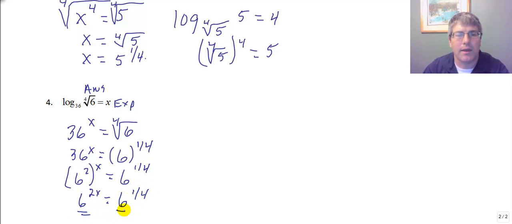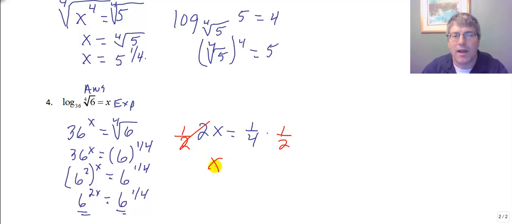I have the same base 6, so then I can just drop the bases and work with my exponents. So 2x equals 1/4. I want to multiply both sides by 1/2 to solve for x, and x equals 1/8.